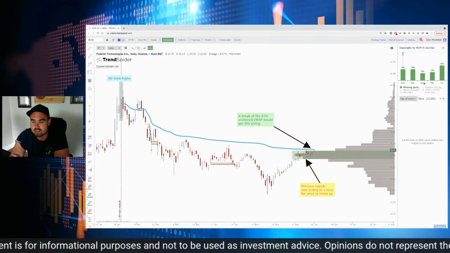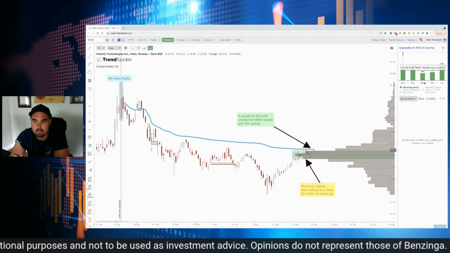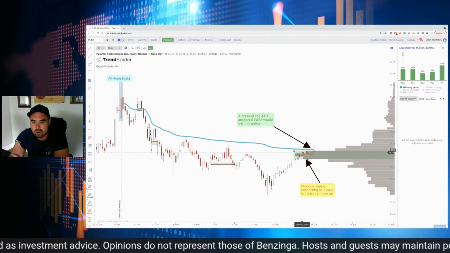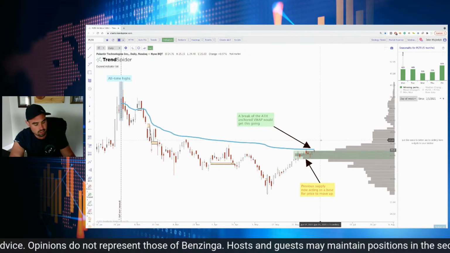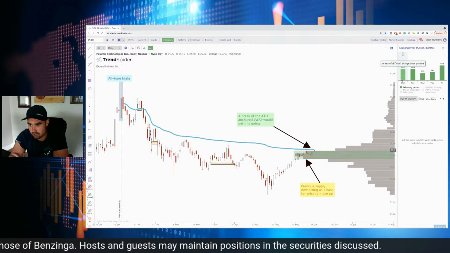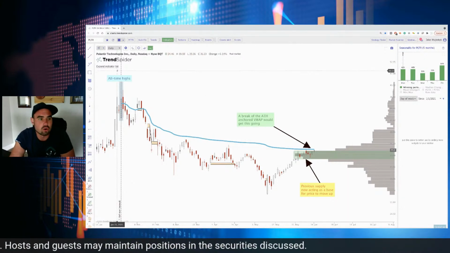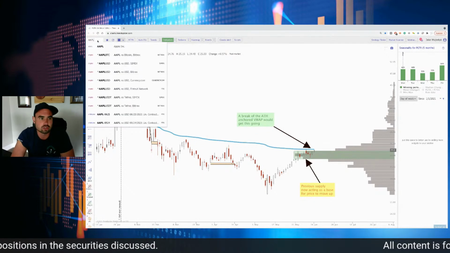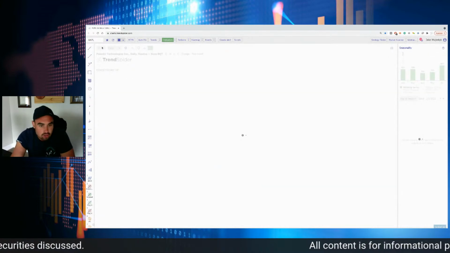And so we'll have to see if that kind of plays out into midweek where we do get a pullback. But for now, we do have this 48% win rate for Monday and Tuesday. So that is PLTR.